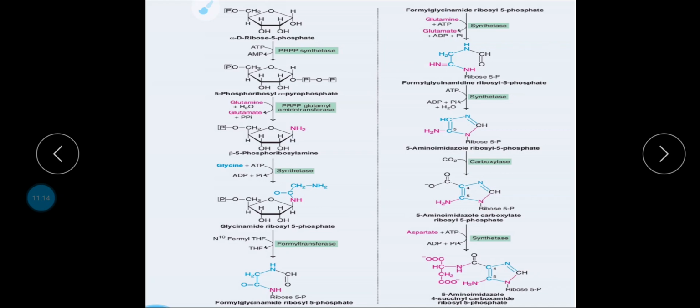First step is activation, second is entry of glutamine, third is glycine, fourth is formyl, fifth is again glutamine, and sixth is cyclization of the first ring. Then the carboxylation to increase the number of carbons, then the entry of aspartate.